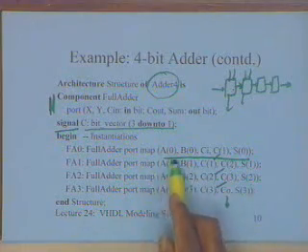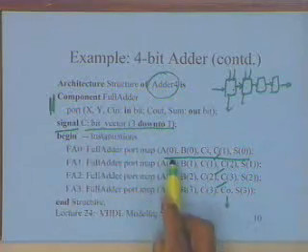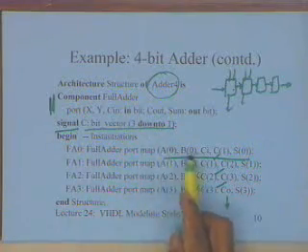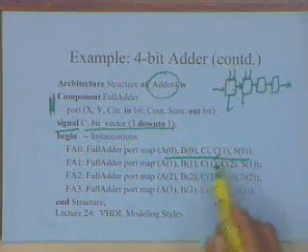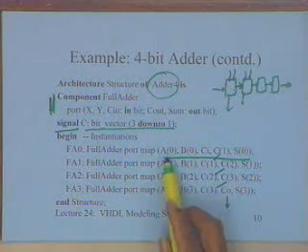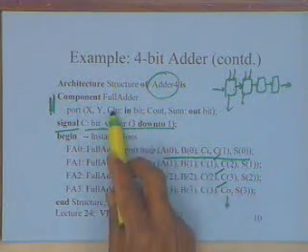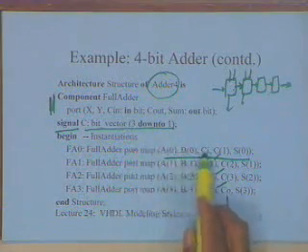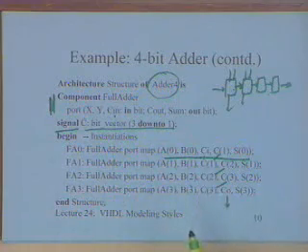If you don't want to follow the same order, you can say that X is associated with A0, Y is associated with B0. Those are just options. But if this is by position, the position is important, because how do I know that A0 is going to X? How do you know that CI is going to Cin? That's because this is the third position and this is also the third position. So this type of association is by position.